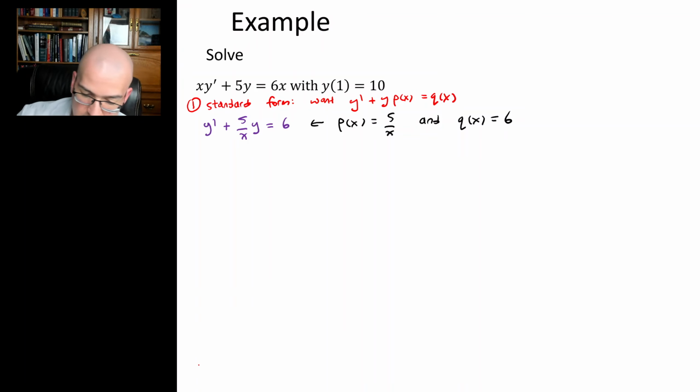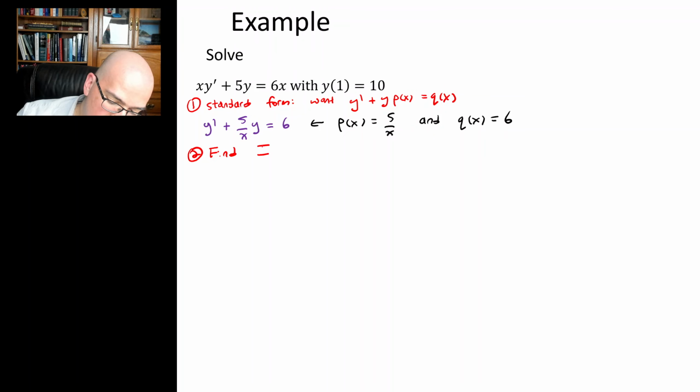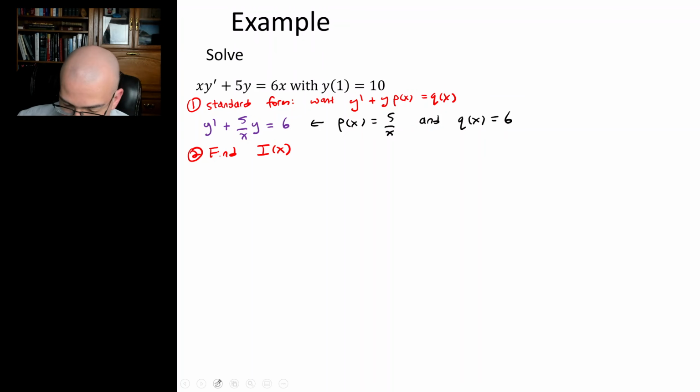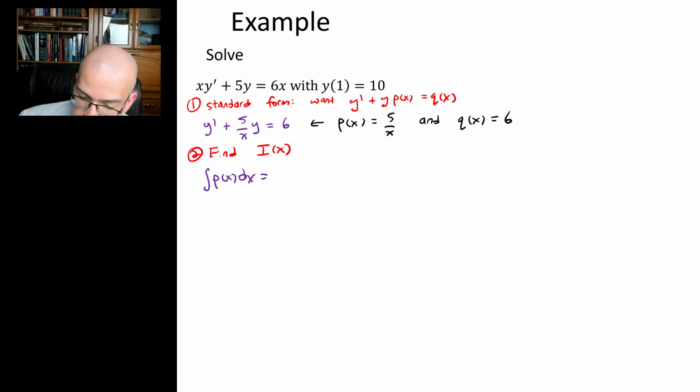Step 2, integrating factor. Find I of x. So we're going to find the integral of p of x dx, so the integral of 5 over x, which is 5 times ln of x. Then we're going to find I of x as e to that power.